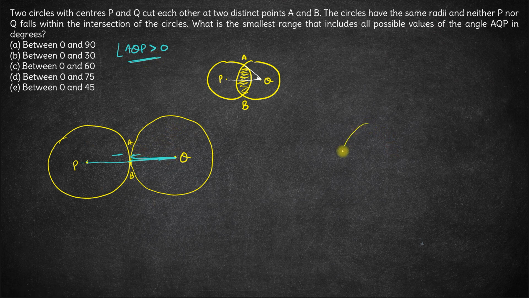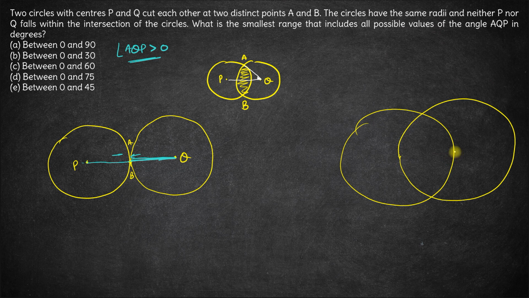The other extreme case is when the two circles pass through the center of each other. Although it's given that the centers are not in the intersection region of the circles, if we start bringing these centers closer, the closest they can come is this case, right?